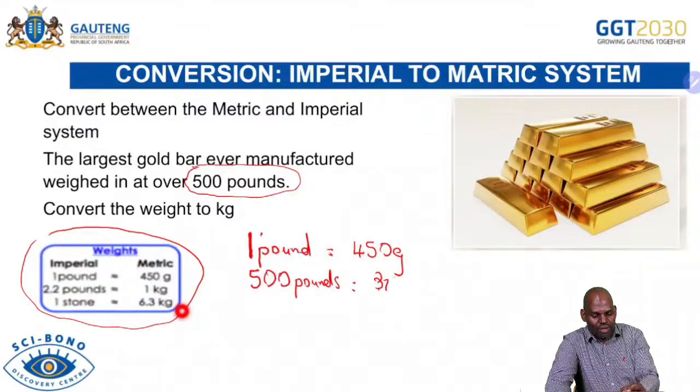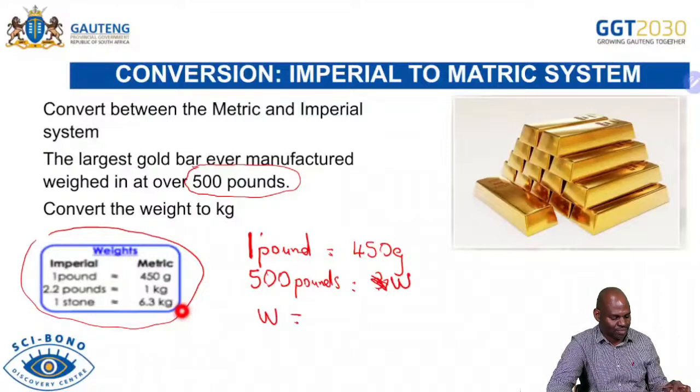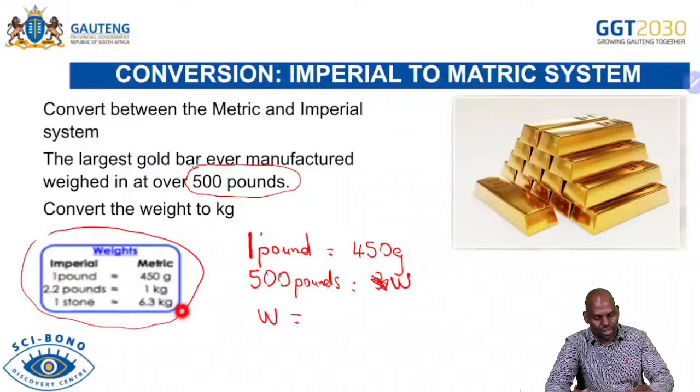So if we do the conversion in this case, we cross multiply. So we can say W for the weight, then our weight will be 500 multiplied by 450. This gives me 225,000.